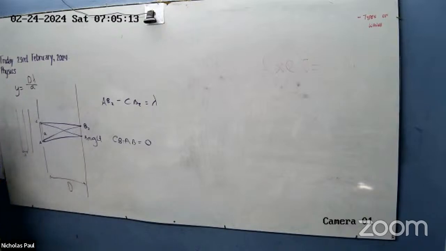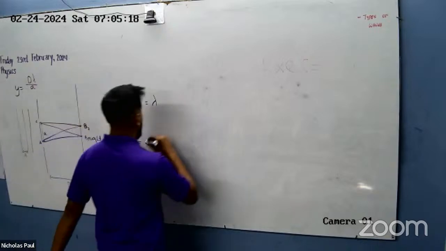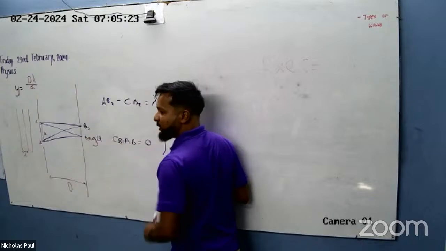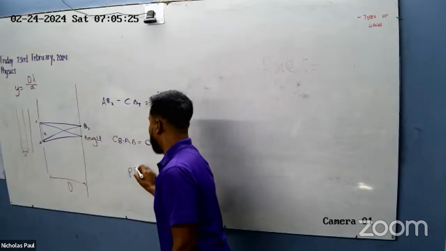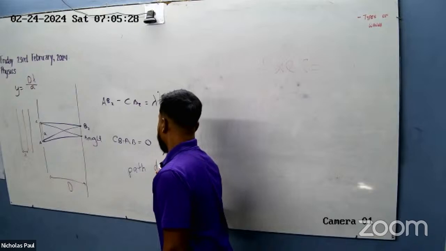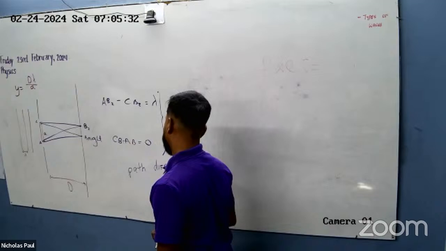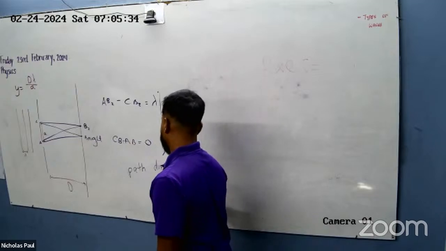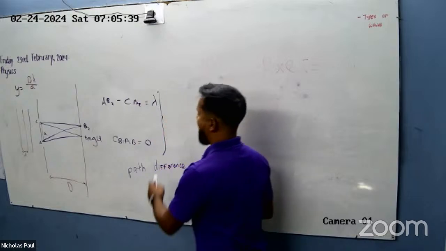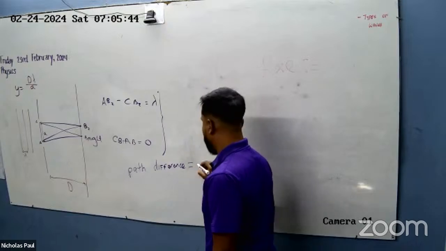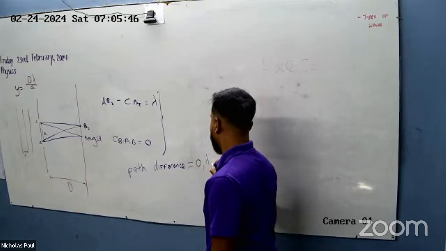If you subtract that, you will get lambda. And what all this says is that whenever you have a bright fringe, the path difference will always be a whole number of wavelengths.